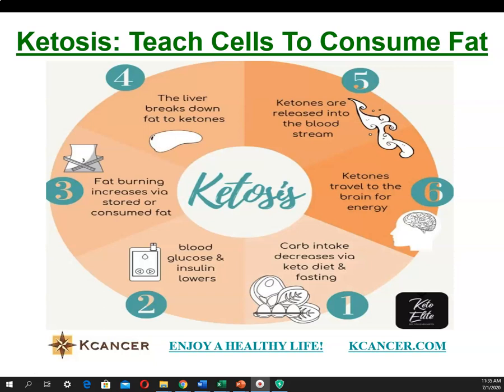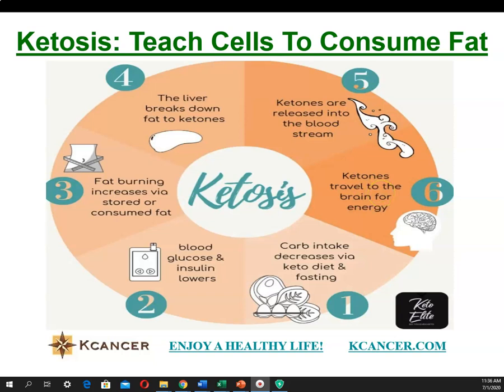After ketones are produced, they are released into the bloodstream and to all the organs, and the body can use the ketones as an energy source. As I mentioned, ketones are a much more efficient energy source. Most importantly, ketones can be used very effectively in the brain.